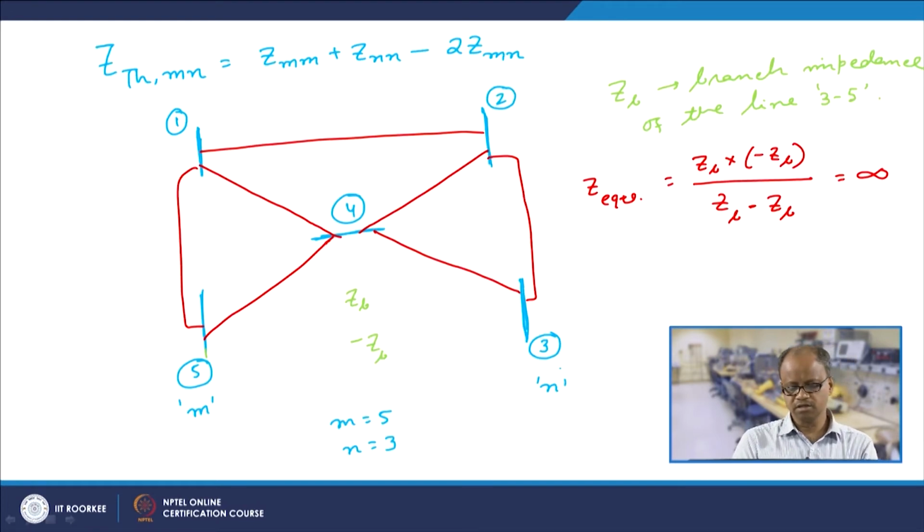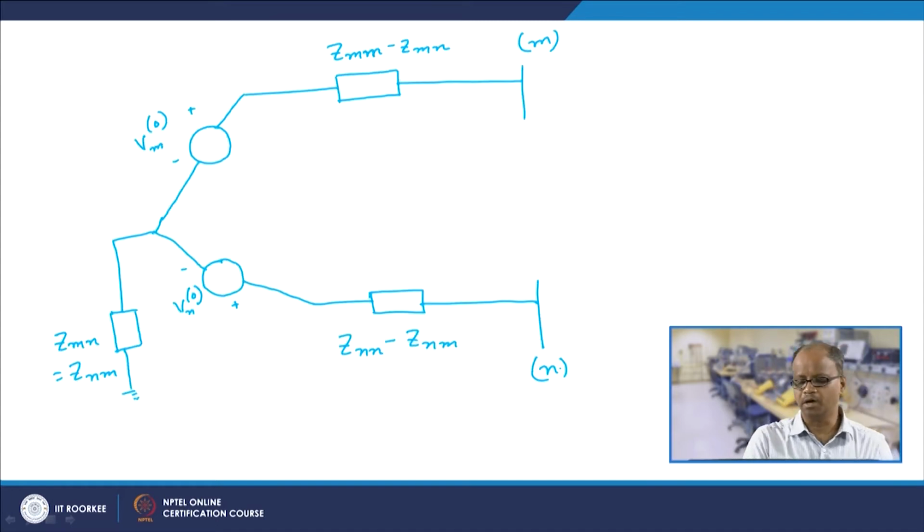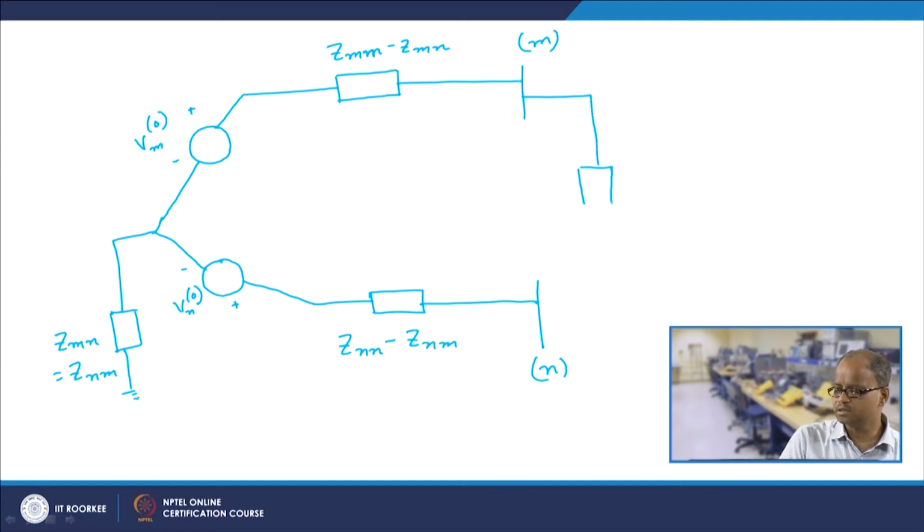Because in this Thevenin equivalent circuit the existence of the original line has already been taken care of, if I wish to add another line between bus 5 and 3, or bus m and n, in the original circuit, that can be simply simulated by adding that same line between bus m and n in the Thevenin equivalent circuit, and this impedance is ZB.